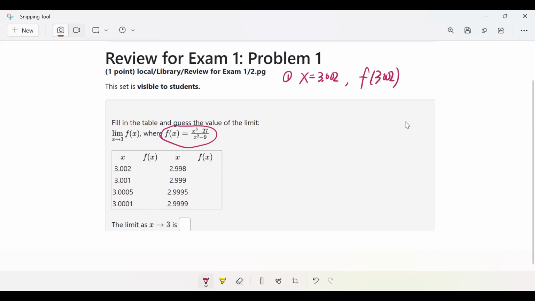That's gonna be replacing the top and bottom with 3.002: 3.002 to the third power minus 27 on top, and on the bottom 3.002 squared minus 9. The quotient is our result.